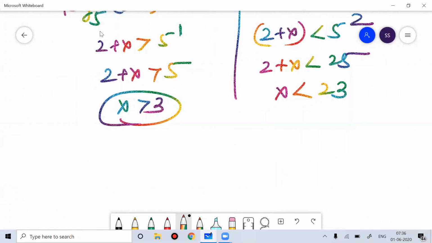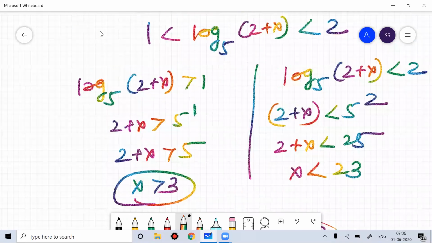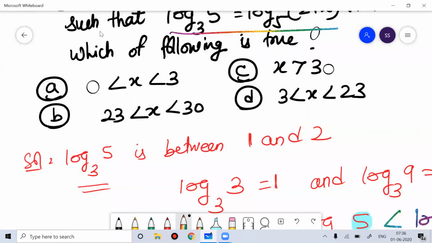So the ultimate value of x is greater than 3 but less than 23. So this is option D. Option D will give you the answer: the value of x is greater than 3 but less than 23.